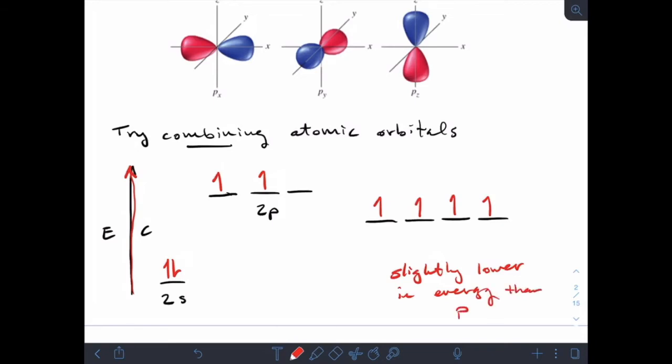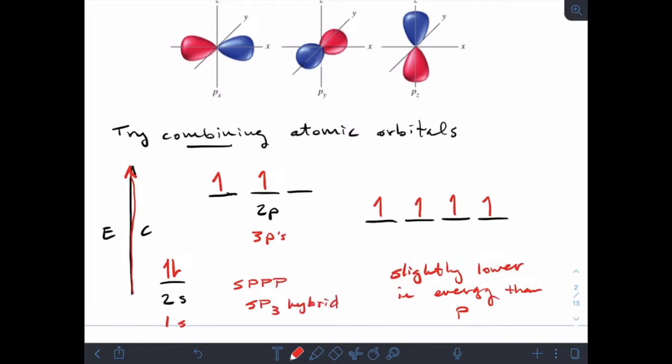Okay, so what we get is if I have 3 p's and 1 s orbital, if I combine those, what I get is s, p, p, p, or what we refer to as sp3 hybridization. Hybrid.